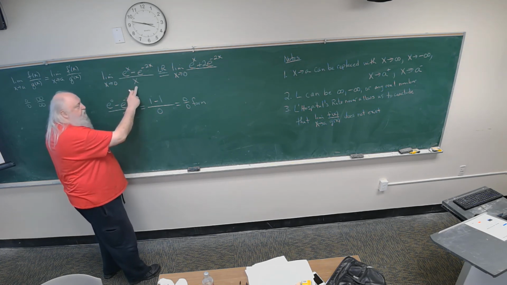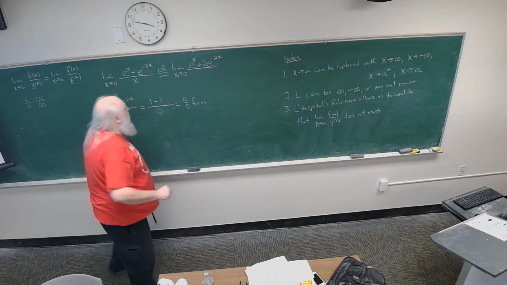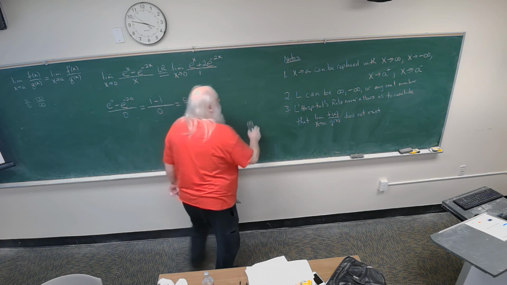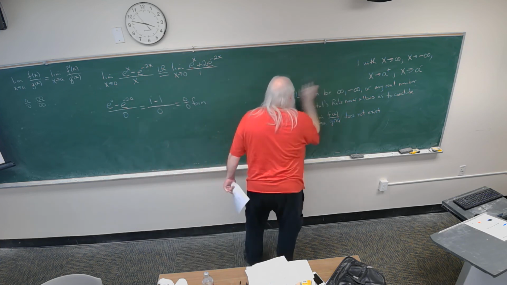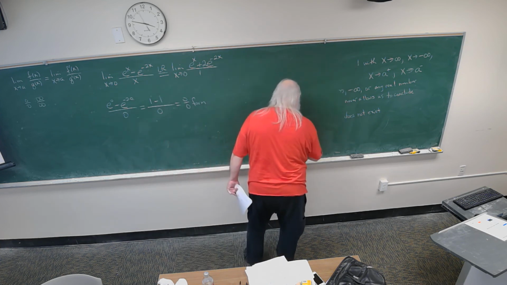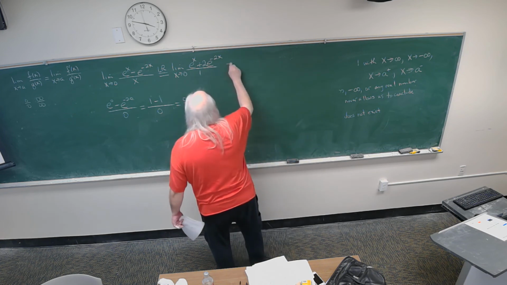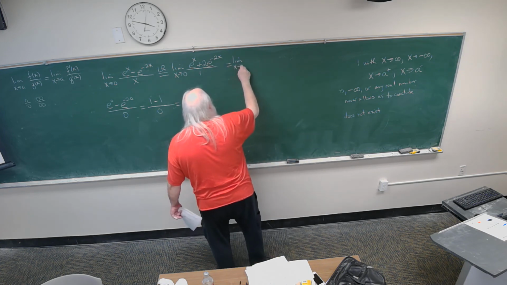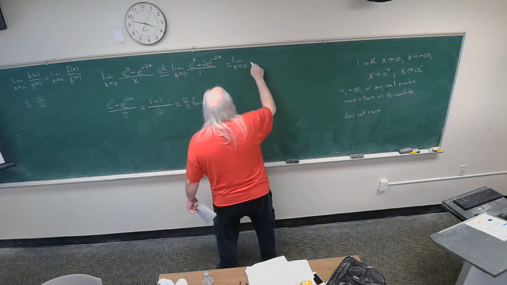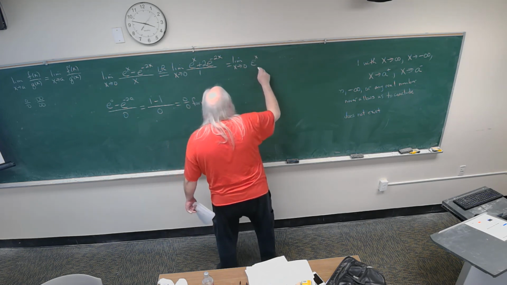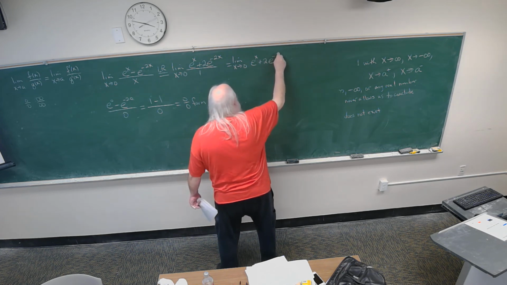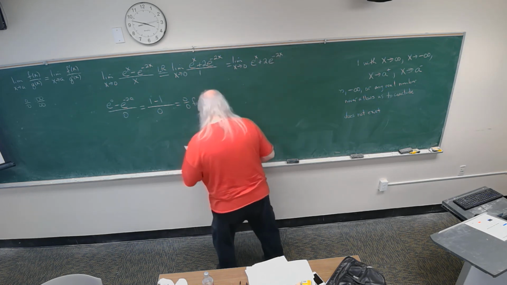And then we differentiate the denominator. The derivative of x is 1. So this simplifies to the limit as x approaches 0 of e to the x plus 2 times e to the minus 2x.